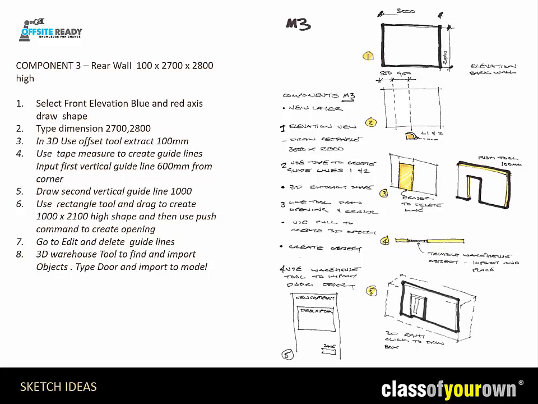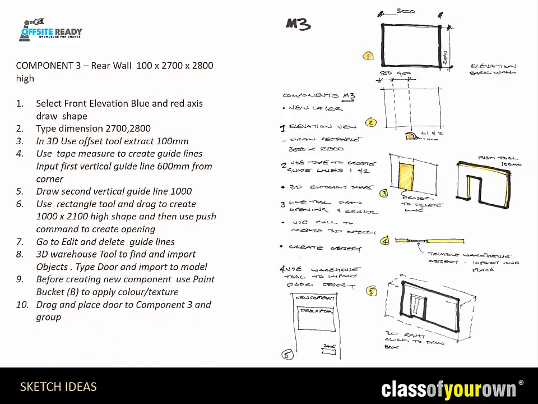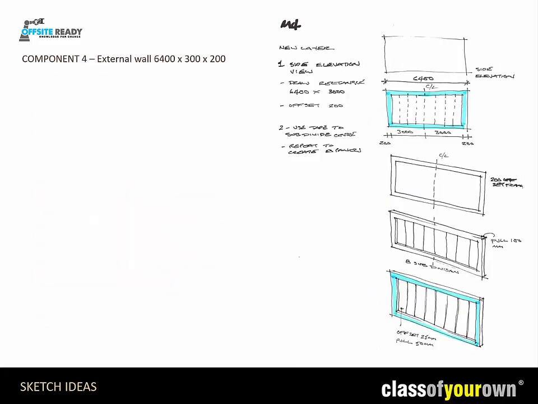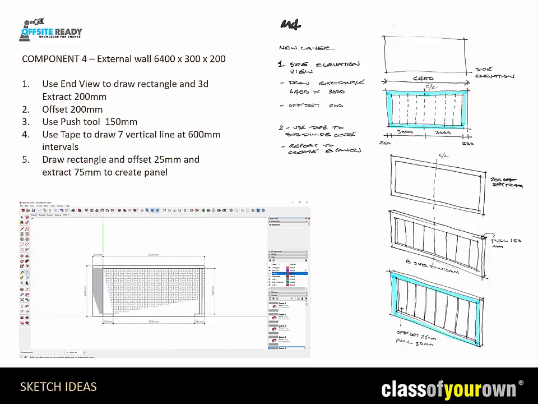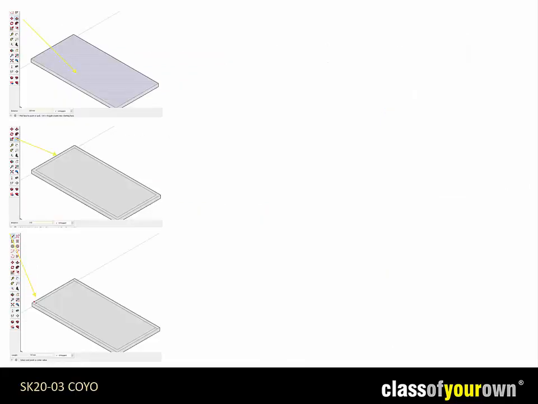For this component, we're going to use the 3D warehouse and bring in a door object, which we can insert into the wall before we complete the object itself. And the final wall is an external wall which we could place around the linked modules.